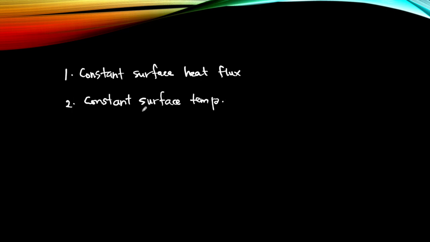I said that under constant surface temperature there are two types of conditions, for laminar and turbulent flow. Actually, it is not only for constant surface temperature, it is for both.